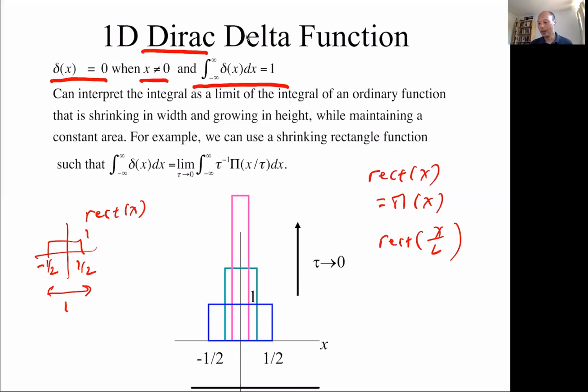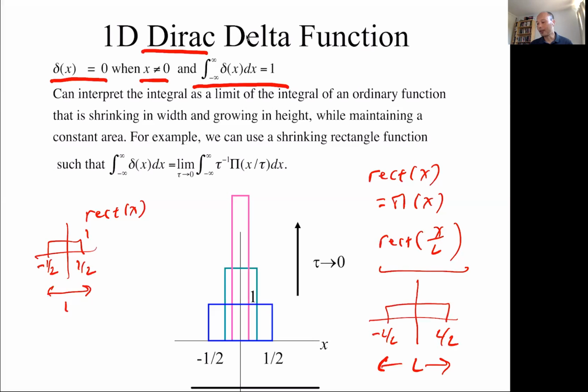And the other important thing to remember for this class: if I take rect of x over L, that's going to go from minus L over 2 to L over 2. The simplest way to remember it is it's always going to have width L. So rect of x over any L gives you a rect function of length L. That's really useful to remember, because as you're doing problems it's sometimes confusing: what is rect of x over W, or whatever? Just remember that's the width of the rect function.